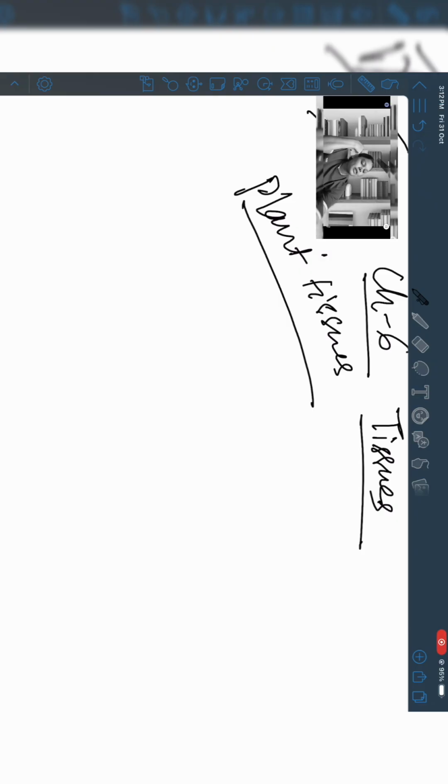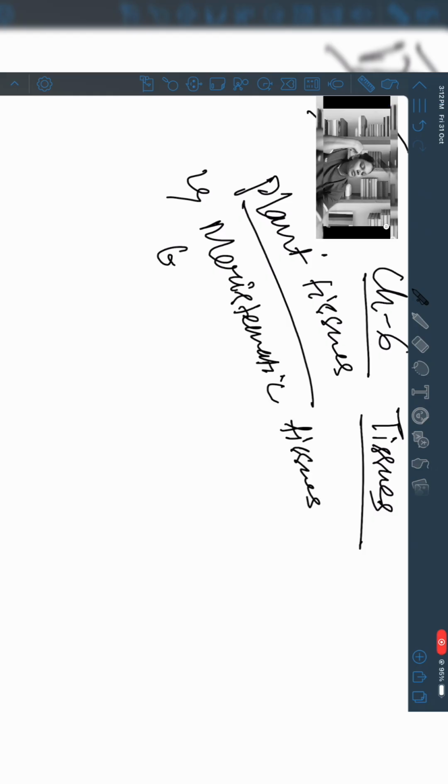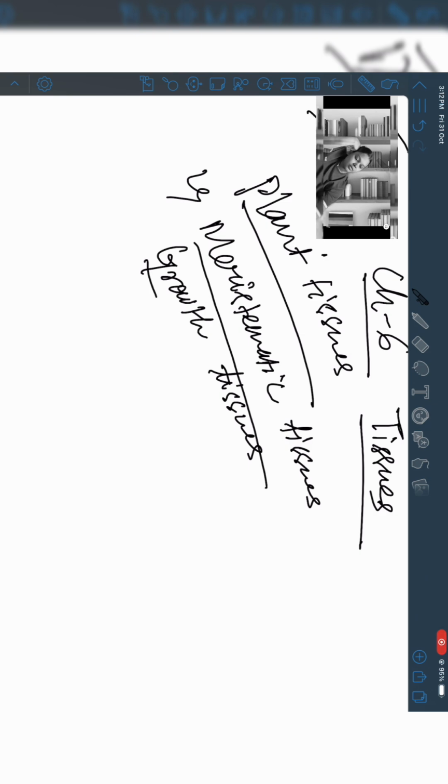So these are mostly present at the tip of the plants. Let's say this is a plant. You can see fruit. This is the root.